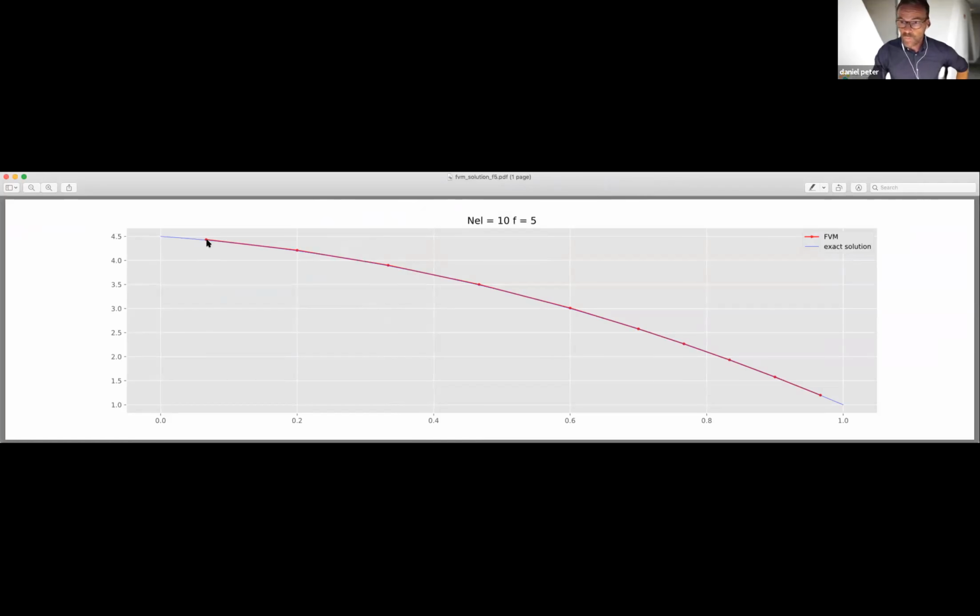And here you see the points, the solution is plotted at the cell centroid positions, and the cells are slightly irregular in this case, slightly different sizes. Because that's the main advantage of the finite volume method. It's a very flexible method when it comes to the grid. So a finite difference approach would use a structured grid, same cell sizes everywhere, where here we can play with the cell size, for example.